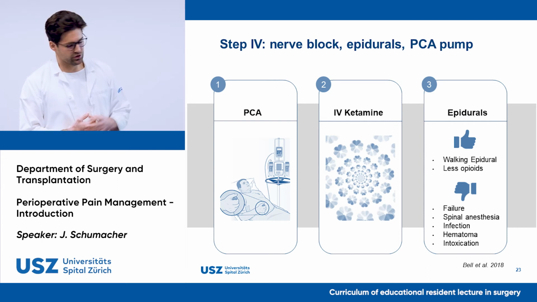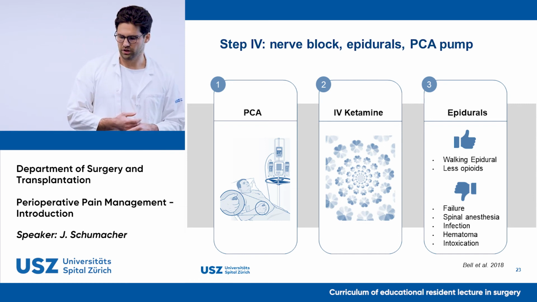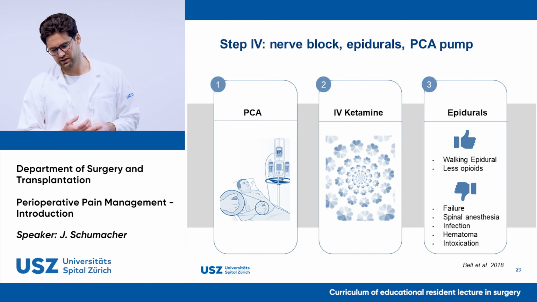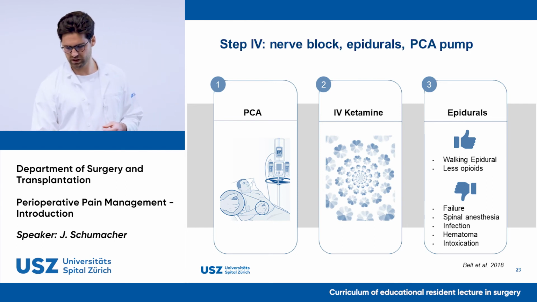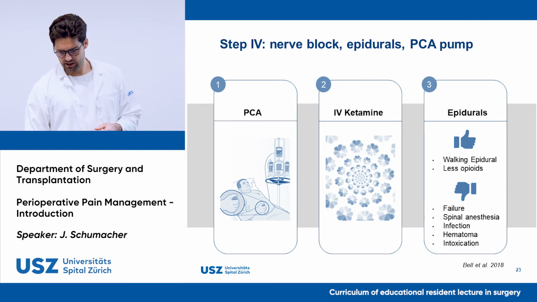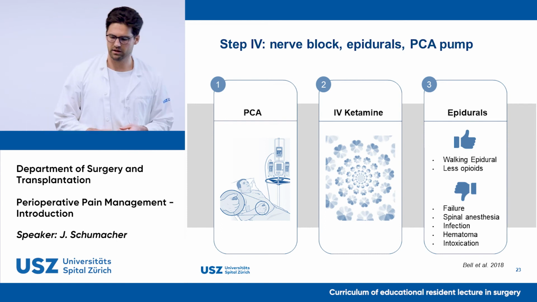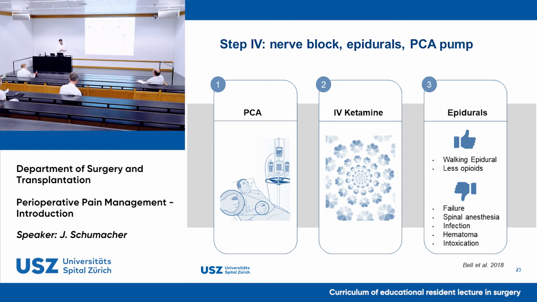While using a PCA, we should still give the patient a non-opioid analgesic, because that decreases the requirement for opioids by approximately 40%. The second method, the IV ketamine, we know that from the emergency medicine, IV ketamine is sometimes used, especially in cancer patients, for the perioperative pain management.